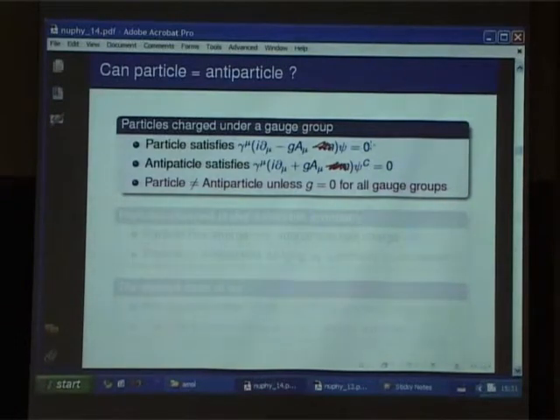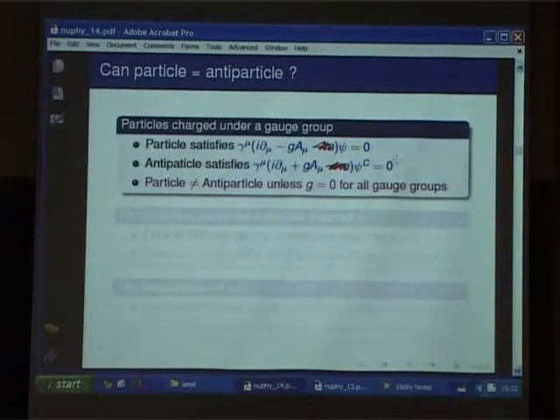If it's an antiparticle, it satisfies a different equation, with the opposite sign of g. So clearly, the same particle cannot satisfy both equations, unless g is 0. So if you want particle equal to antiparticle, g has to be equal to 0.